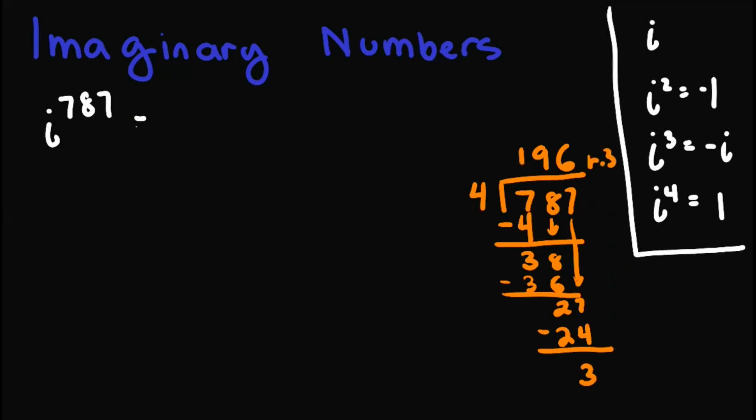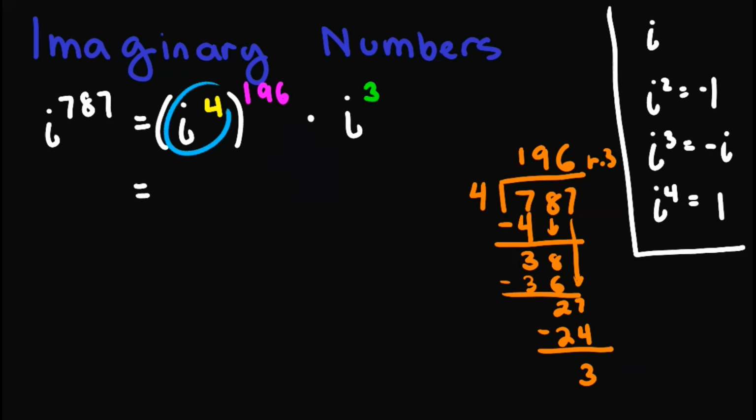So this one is equal to i raised to 4, parenthesis raised to 196 times i raised to the remainder 3. So this one is equal to, i raised to 4 is equal to 1.